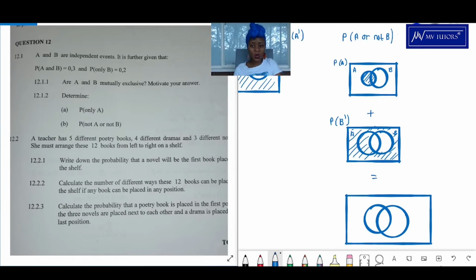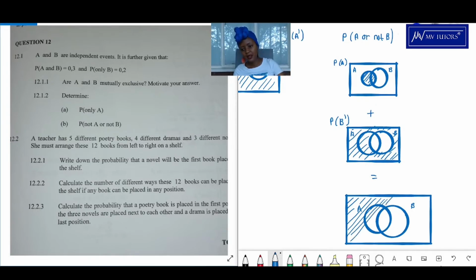And when it's or, you're basically including everything, right? So we shaded everything for A. Okay, and then for B, we shaded everything except B. Okay, so if you're going to look at the probability finally of A and not B, you're basically going to have shaded.